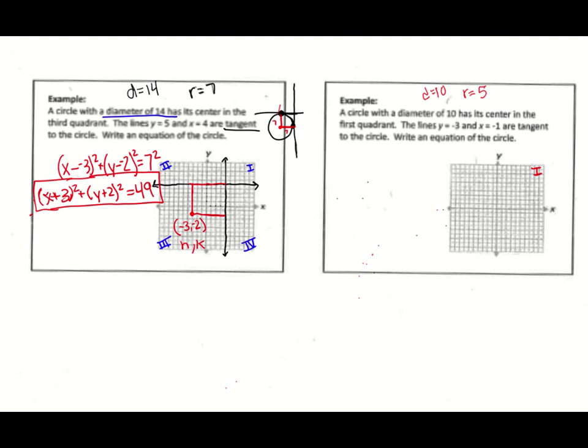The lines y equals negative 3. So y, we would go down 3, 1, 2, 3, right here. And x is negative 1.